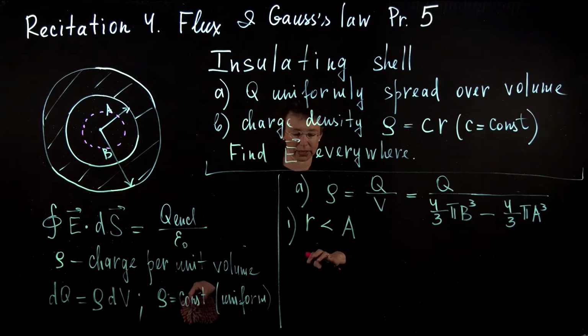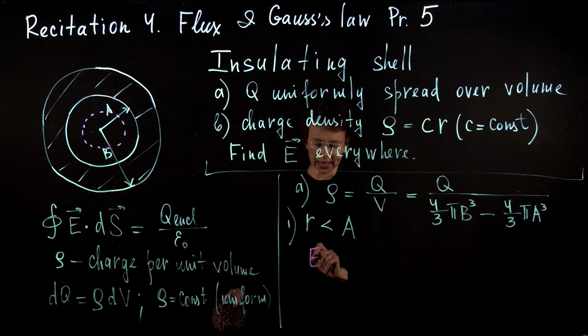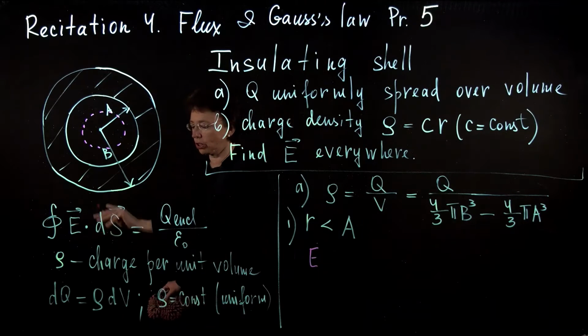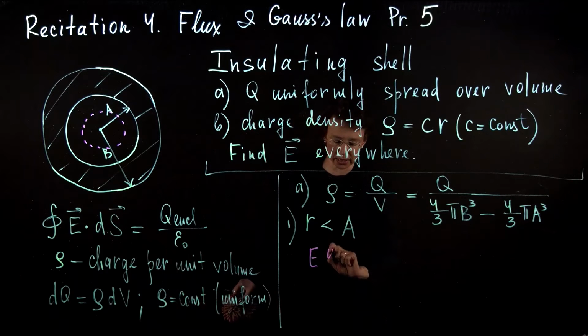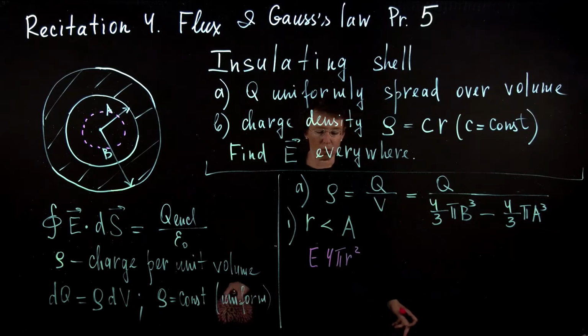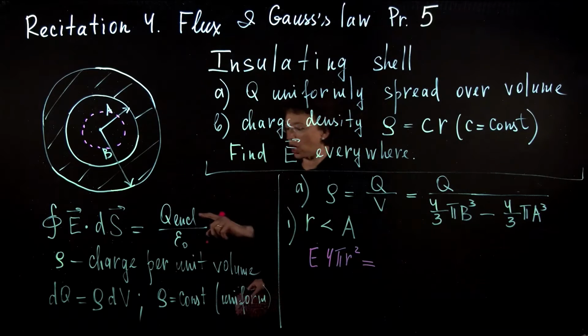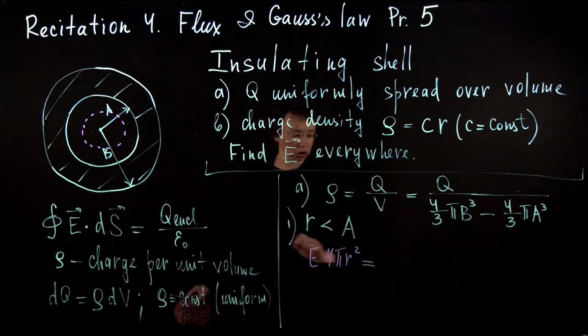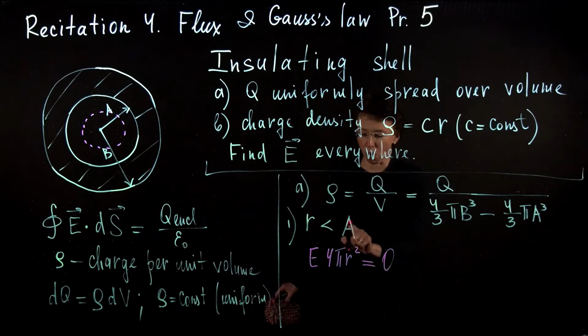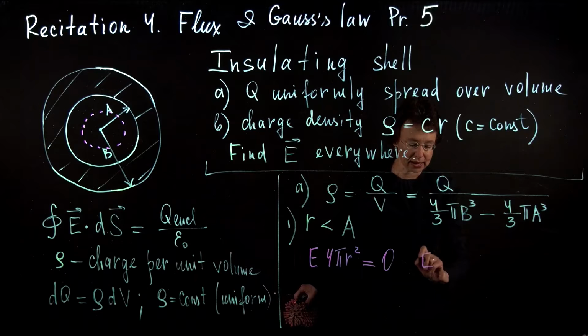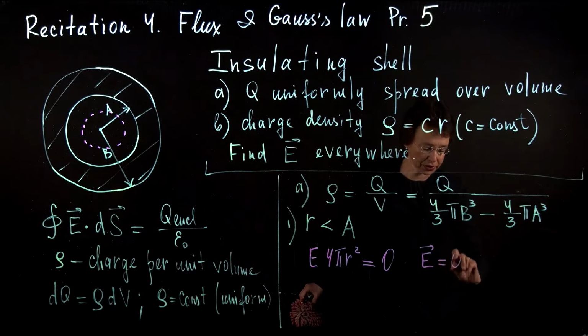There is spherical symmetry, so I take E out of this integral. The integral of dS is the area of the sphere, 4 pi r squared, and this is equal to the charge enclosed. The charge enclosed is 0. For r less than A, the electric field is 0.